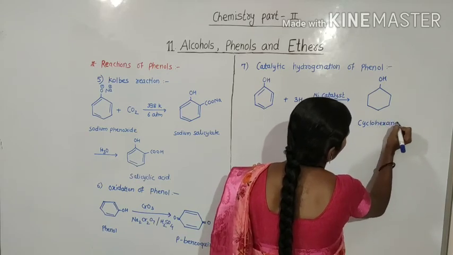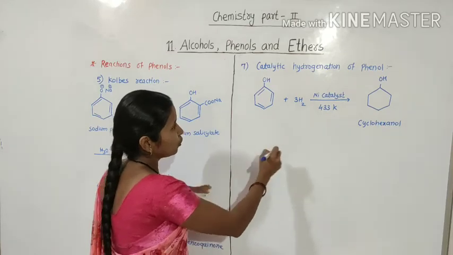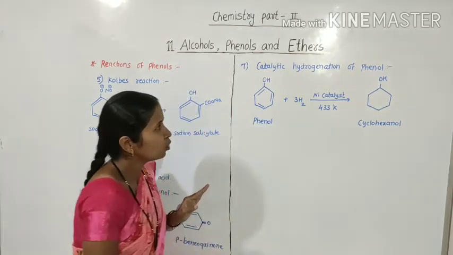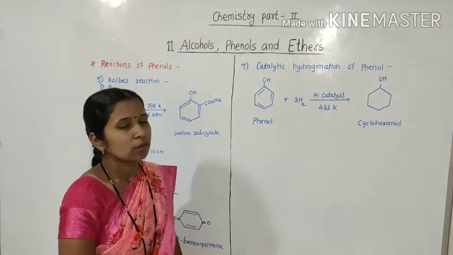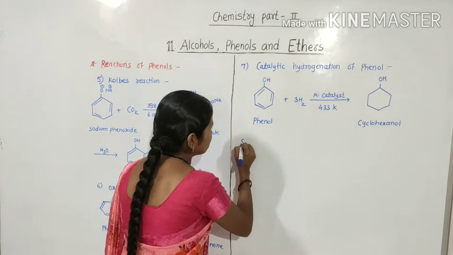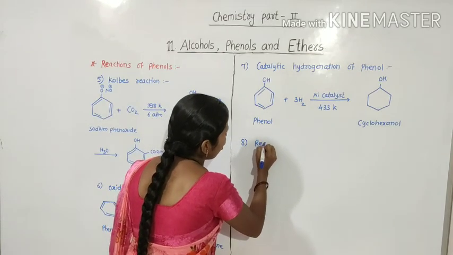So phenol on catalytic hydrogenation gives cyclohexanol. Okay. Then our next and last reaction is reduction of phenol.